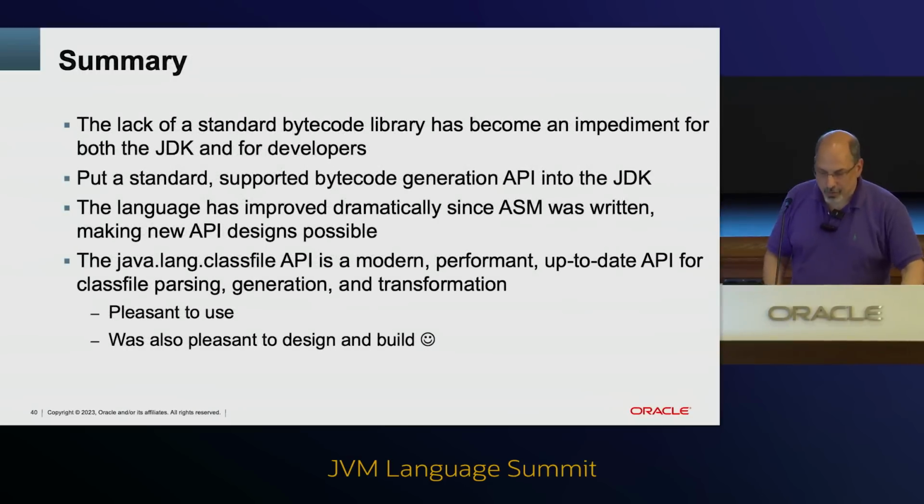So, summarizing, and I'm actually just kind of on time: the lack of a standardized bytecode library has been an impediment for both JDK developers and Java developers. So we're going to fix that. We're going to put a standard supported Classfile API into the JDK, and we're going to co-evolve it with the class file format. And with that, I am happy to take questions.